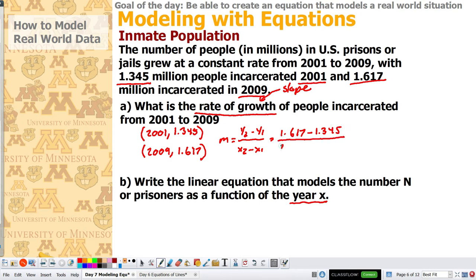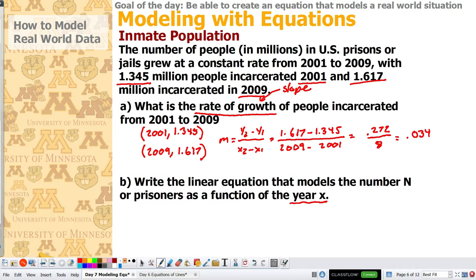And then on the bottom, we have 2009 minus 2001. So then I simplify that. I subtract the tops, and I get 0.272 over 8. And then I divide that, and I get 0.034 for my slope, or my rate of change.